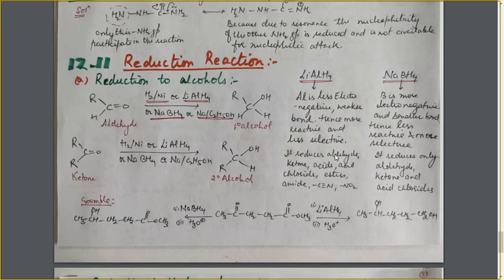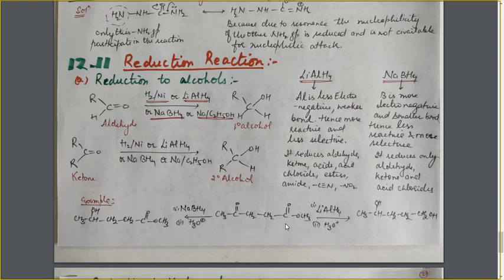But if we want to carry out the reaction only at one point, then we have to use the species which is less reactive and more selective. It will carry out the reaction only at that point where the reactivity matches this species. Let's see an example. It is a compound having both an ester group as well as a ketonic group.